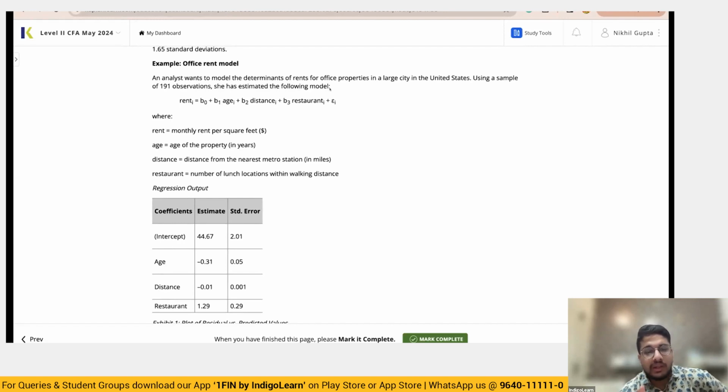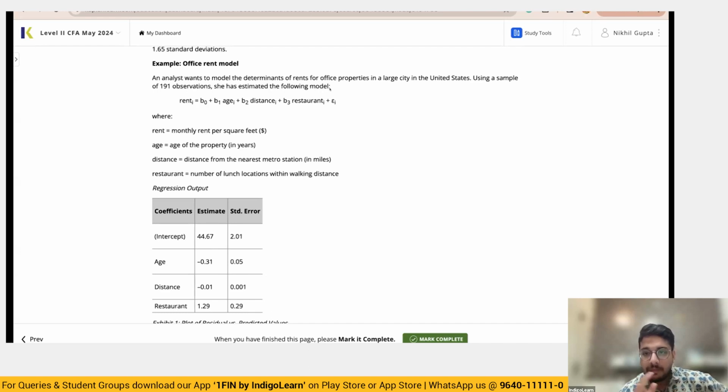So he has built a model on certain factors. Let's try to understand what these factors are. Rent is the dependent variable and it is dependent on three factors. One is the age of the property, like how old the property is, distance from the nearest metro station, and the third variable is very interesting, which is the number of restaurants within that particular geography.